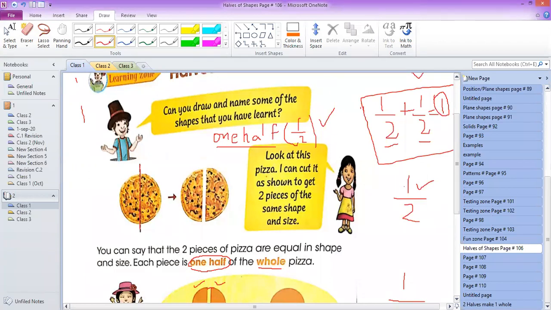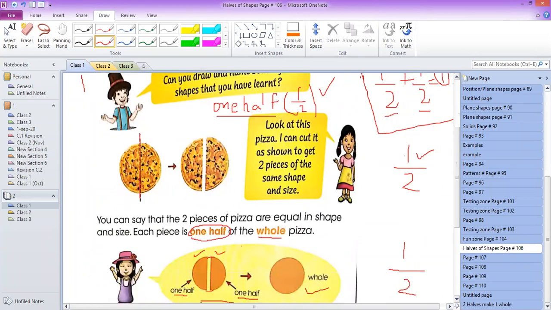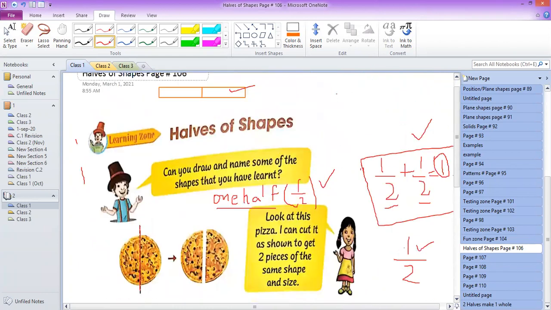You did not eat half, because you did not eat only one piece out of two. Now you eat two pieces out of two pieces, which means you eat the full pizza. There is nothing left for anyone else. So two halves will always make one whole.